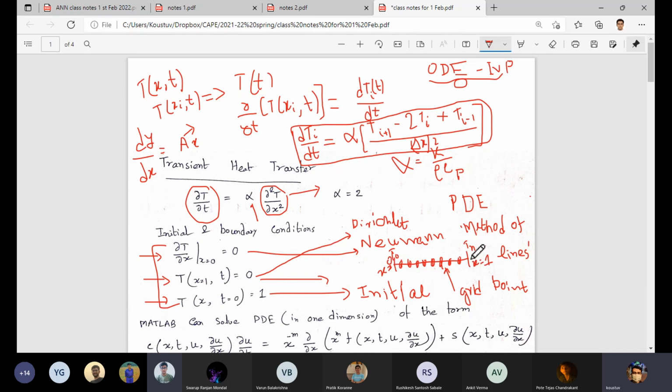So T0 and Tn, these are specified, right? Or rather Tn is specified, but T0 is basically at x equals 0, it is the derivative. So this you have to also break into (T(i+1) minus T(i-1)) by 2 delta x, like that.